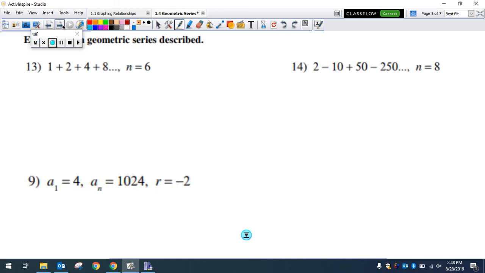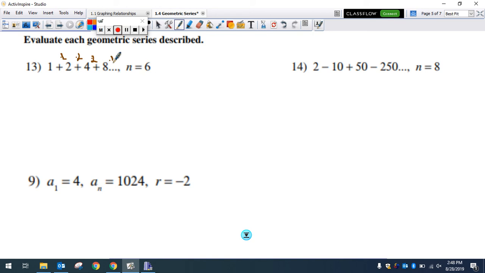All right, this part, it says evaluate, so we're going to add them all up. But I only have 4 terms, and this n means that I need 6 terms. So I need to figure out the 5th term and the 6th term, and then I'm going to add them all up. So I need to figure out what am I doing each time. 1 to 2, and geometric means you're multiplying. So I'm going to multiply by 2 each time, right? 1 times 2 is 2. 2 times 2 is 4. 4 times 2 is 8.